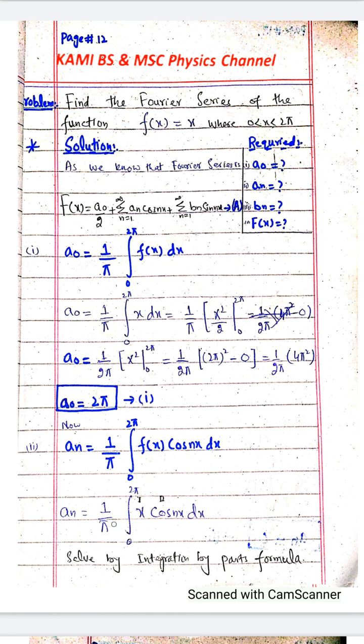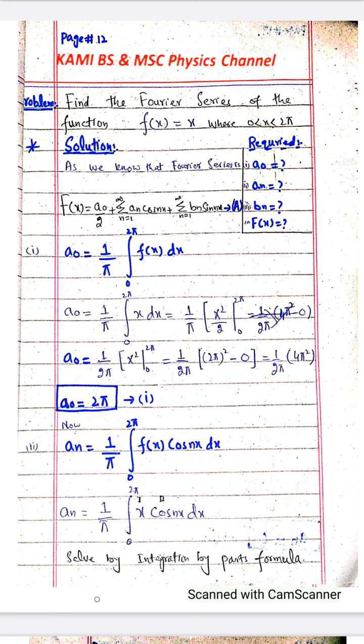So a n is equal to 1 over pi, and the value of f of x is x. So we put x and cos nx dx. Now these are two functions. x is one function, and cos nx is the second function.